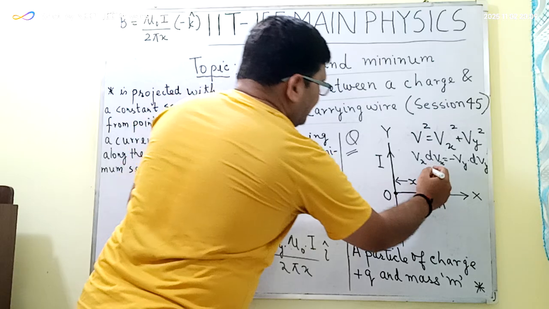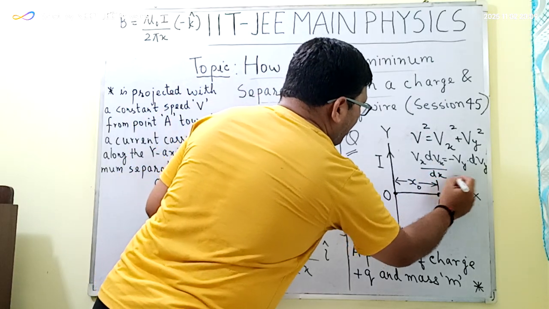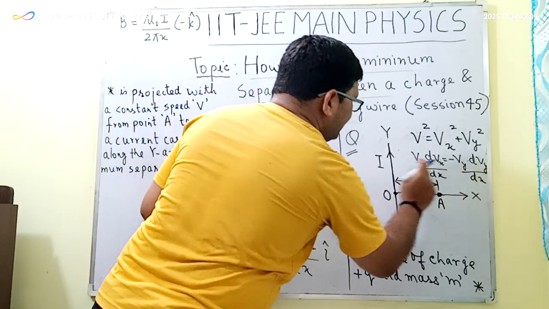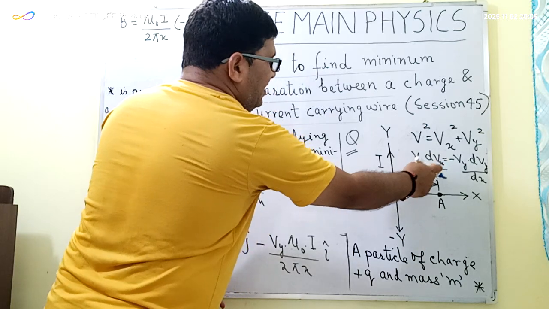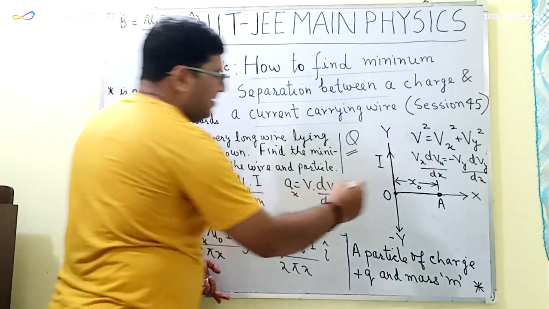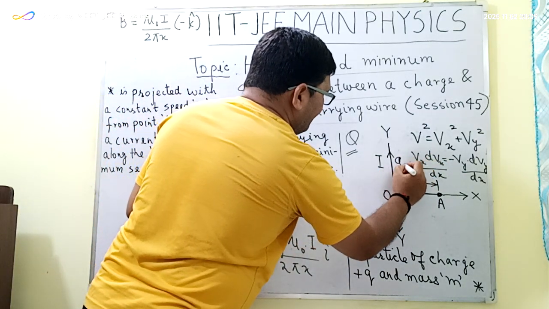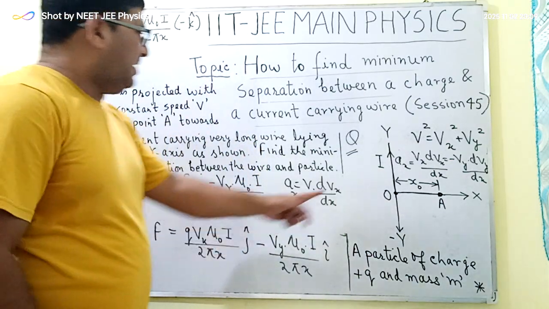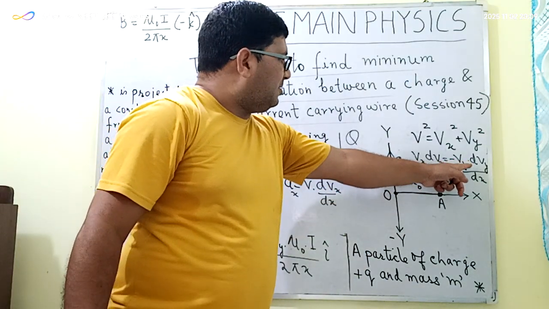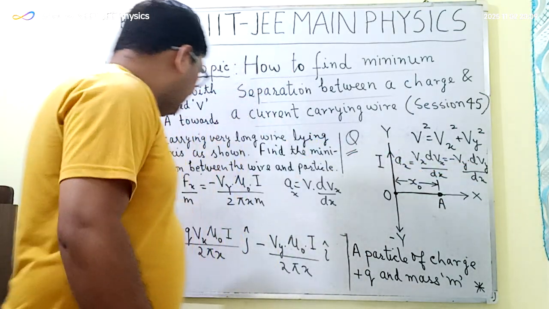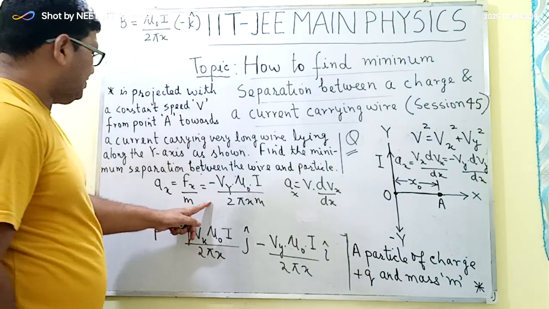Now if I divide this equation by dx, then Vx dVx upon dx is the acceleration from here. So we can write this is equal to Ax. So Ax is equal to minus Vy into dVy upon dx, and here the acceleration is also equal to this value.